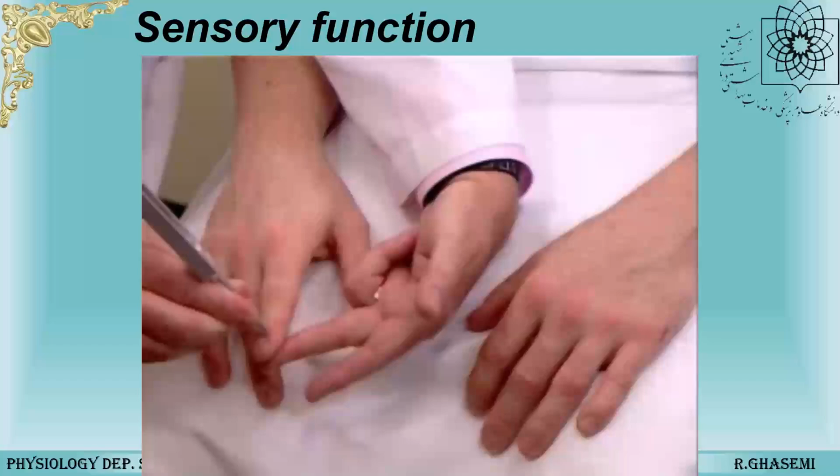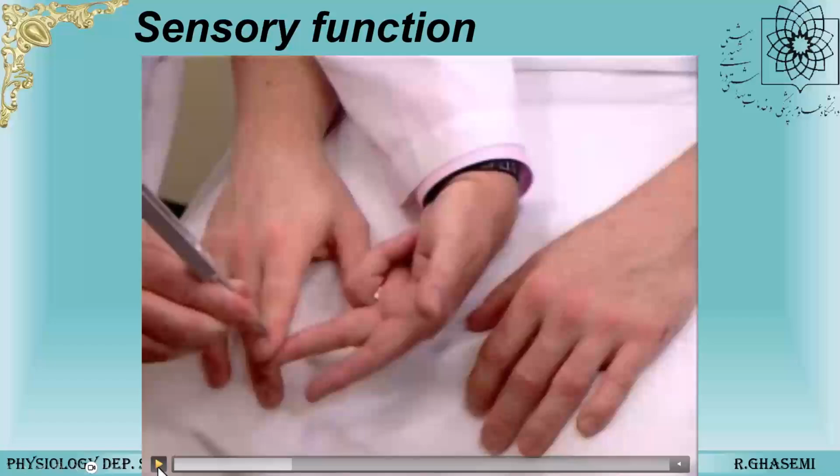For example, in one finger, I do not have a sense of vibration. I have a crude sensation. I can sense something on my finger, but I am not able to localize it or detect the texture. This shows that the function of the sensory nerve, pathway, or cortex is impaired.